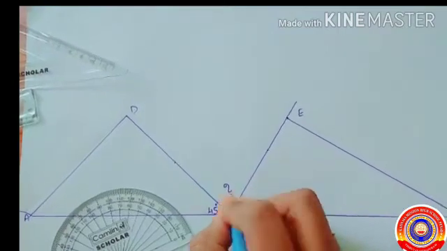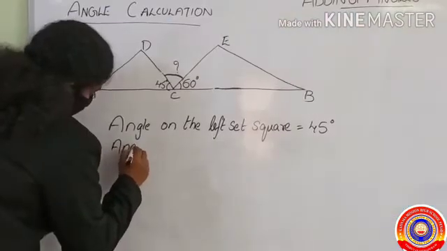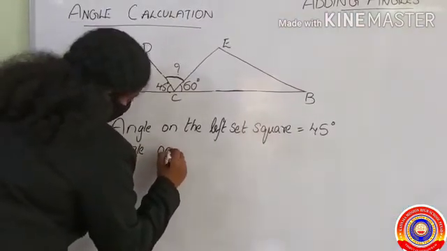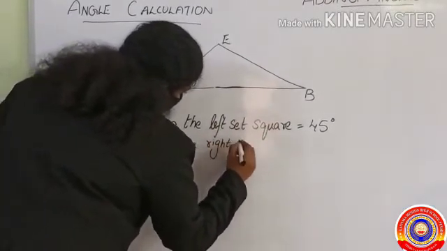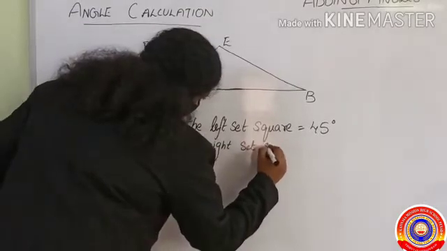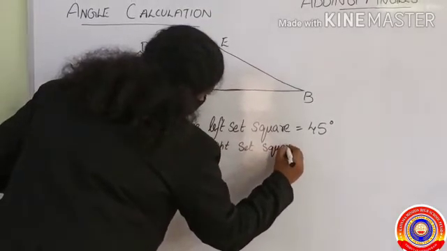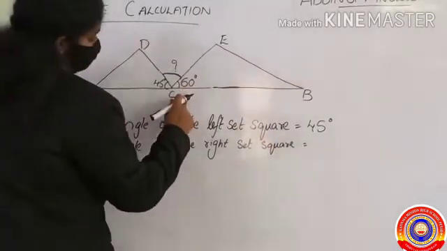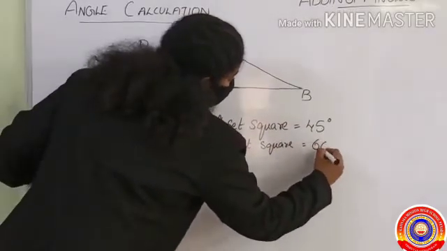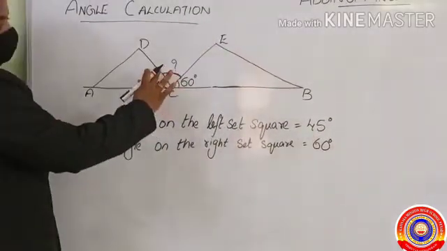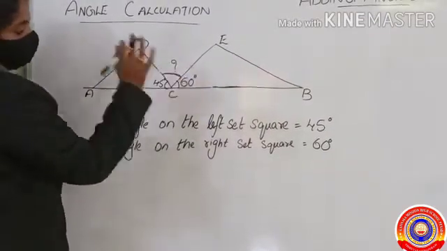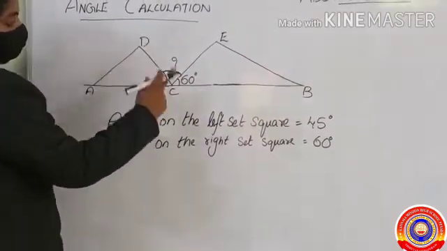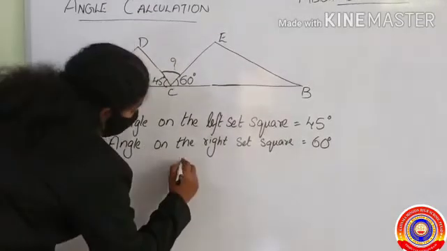Here we want to find the angles in between the two slanted lines. For that we must first write the angle on the left set square is 45 degree and angle on the right set square is 60 degree. So here we want to find the angle in between the two slanted lines. So we can name it as angle DCE.